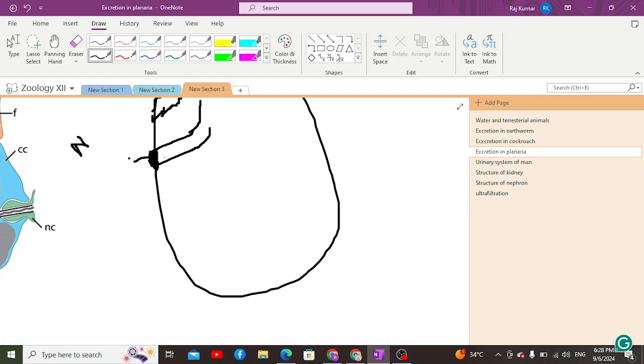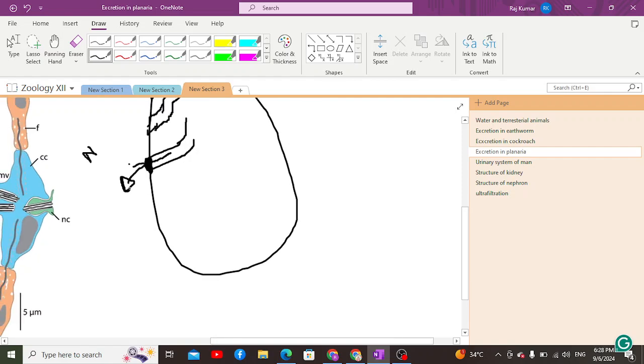The excretory products, by the flickering movement of the cilia of the flame cells, are transferred from those tubules towards the nephridiopore, and from the nephridiopore into the outer environment.